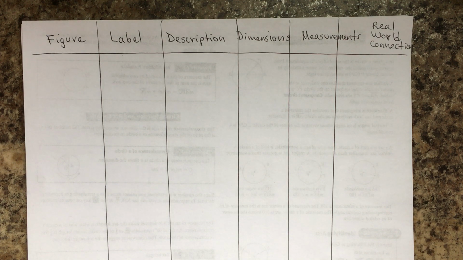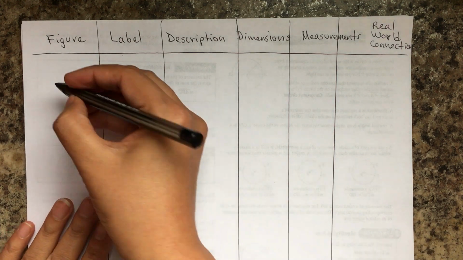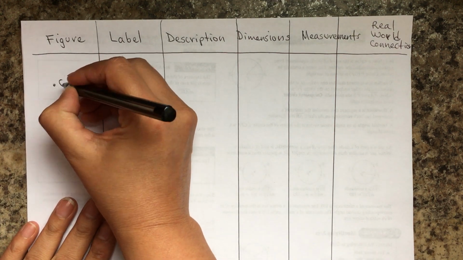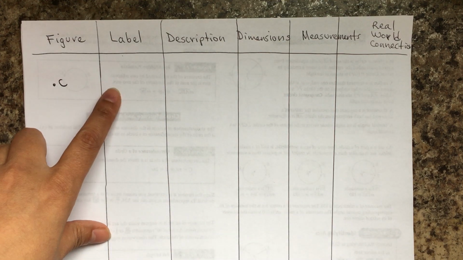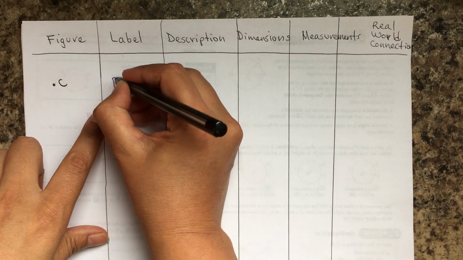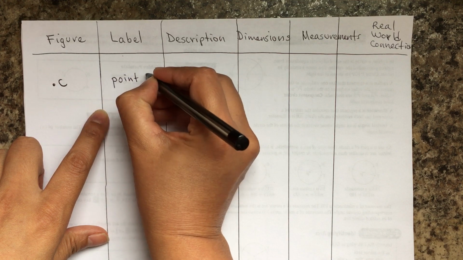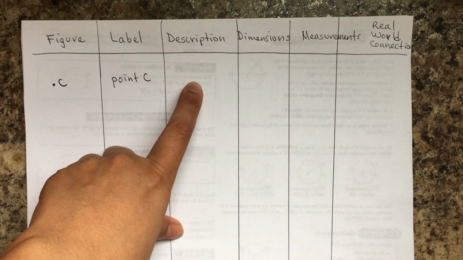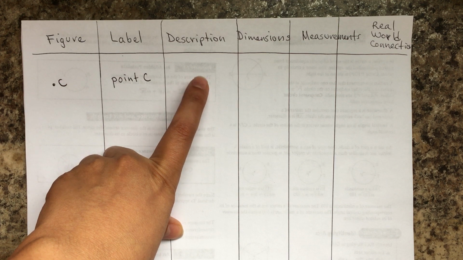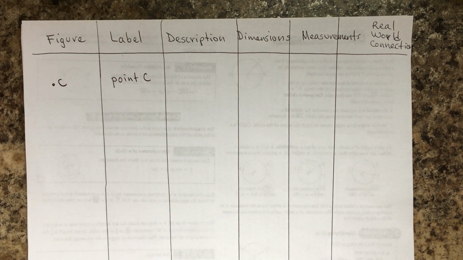Okay, so the first figure that we're going to learn about is going to be something like this. So what would that be? Well, we can say that that's point C. And for the description, we say description because there are no definitions for the first couple of figures that I'm going to show you.